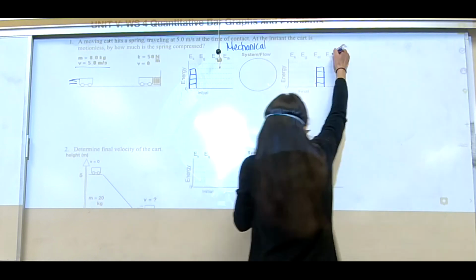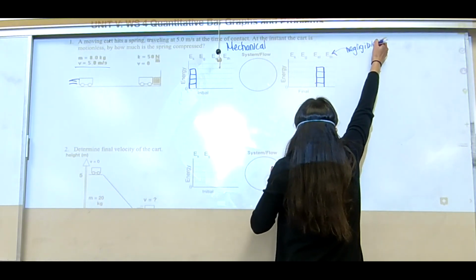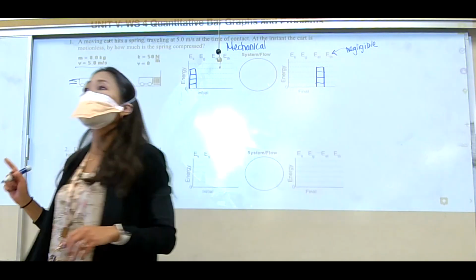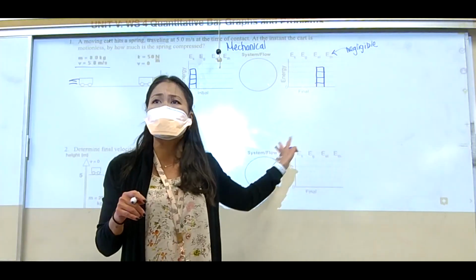So thermal is negligible. And mechanical energy, as I stated before, is only energy that we can calculate. And if we can't calculate thermal, then we won't be able to calculate this equation, right?